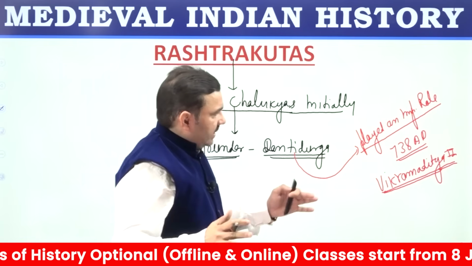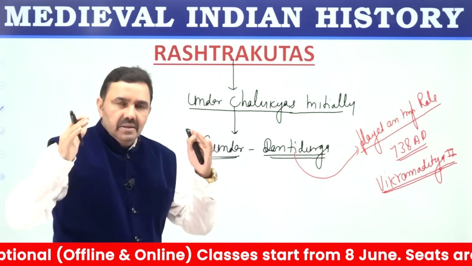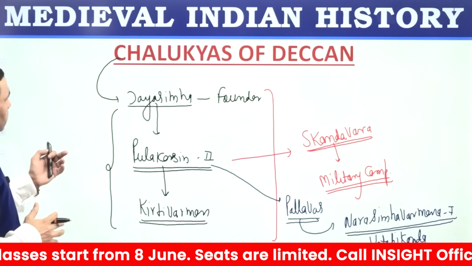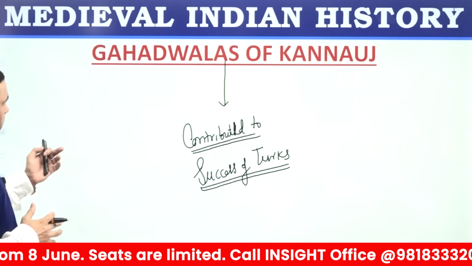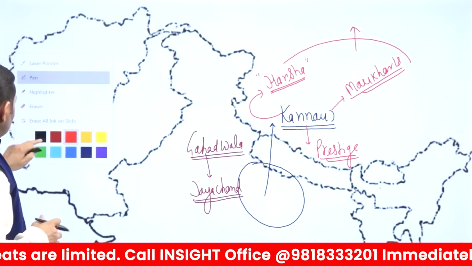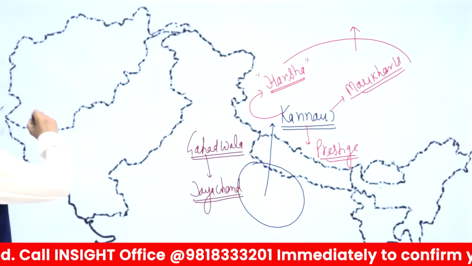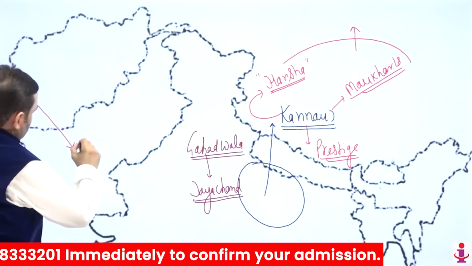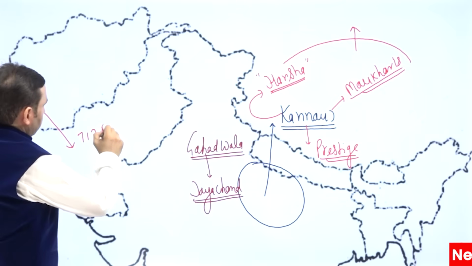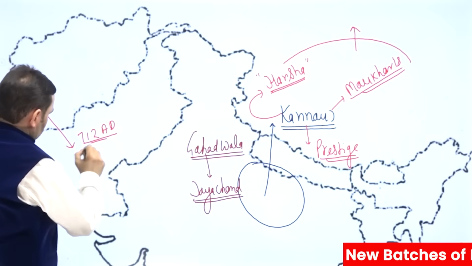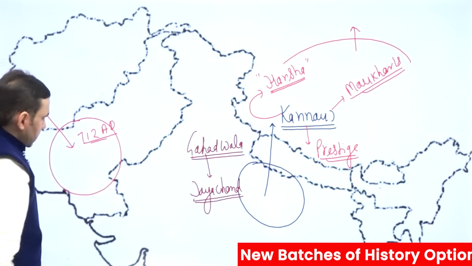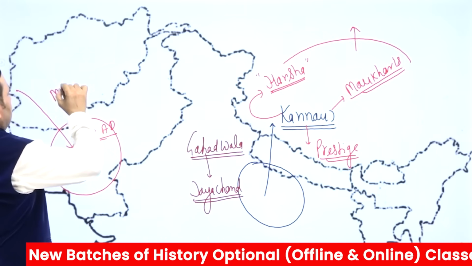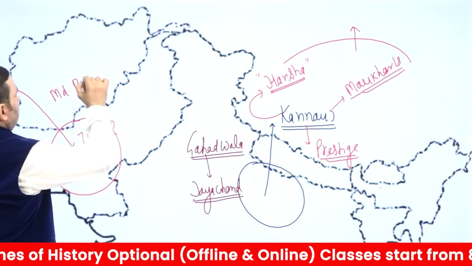He was heading Indian alliance against Arabs. The Arabs, if you'll see here on the map, had captured Sindh in 712 AD. This part was Sindh. The person who conquered Sindh was Muhammad bin Qasim, very important name.